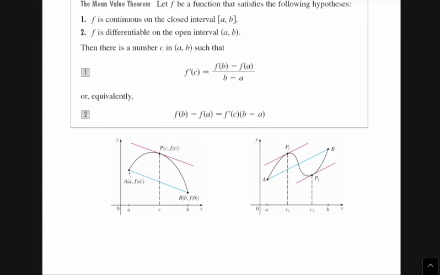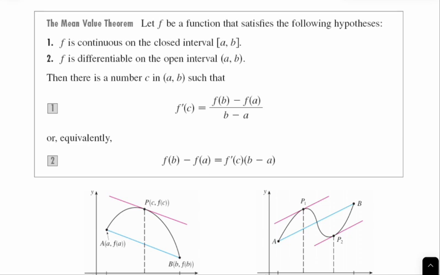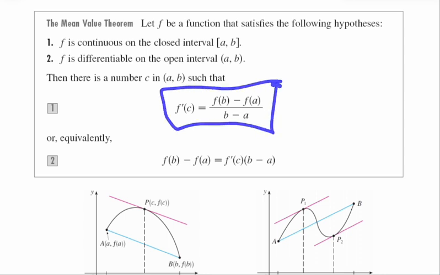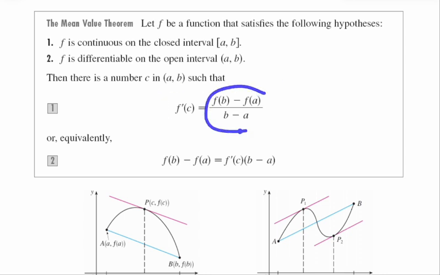Okay. Now, the mean value theorem follows from Rolle's theorem. The difference is that the endpoints don't have to match. It basically says if f is continuous on the closed interval and differentiable on the open interval, there is some point where the derivative is equal to the slope of the line that connects the points.